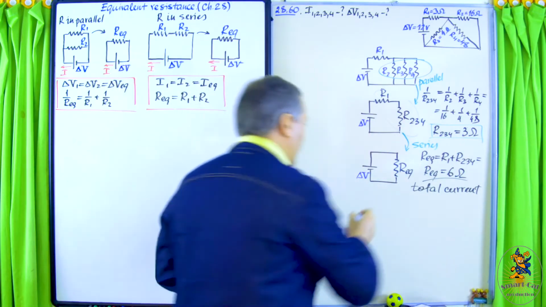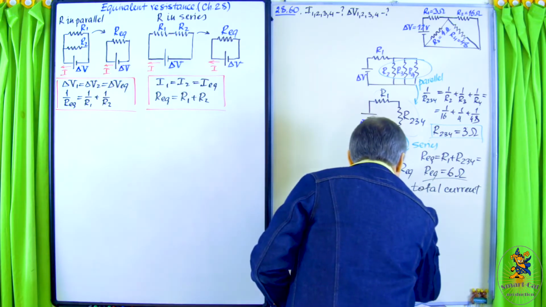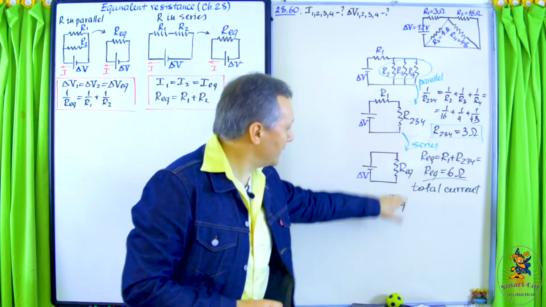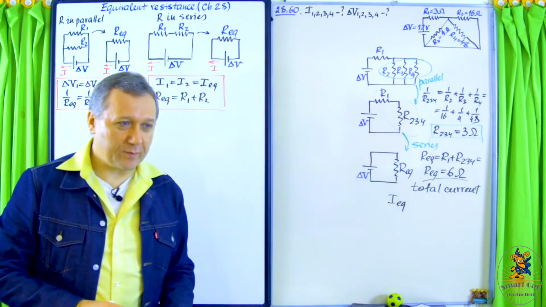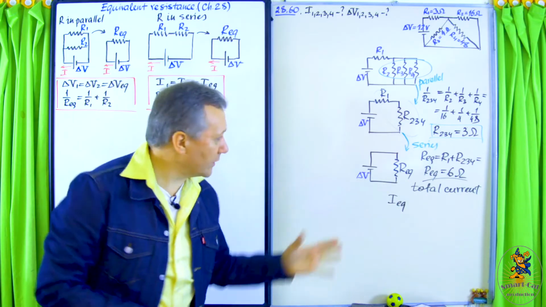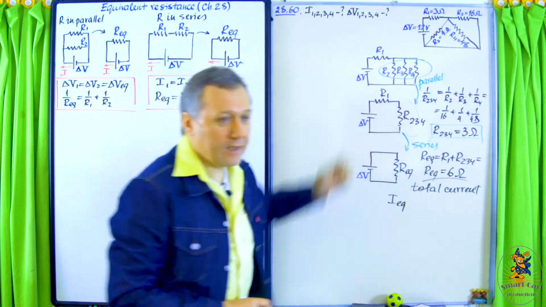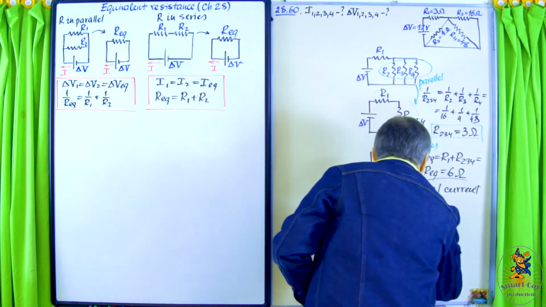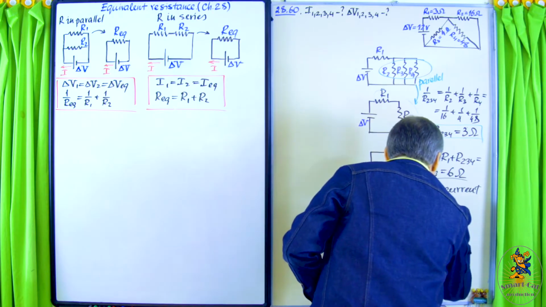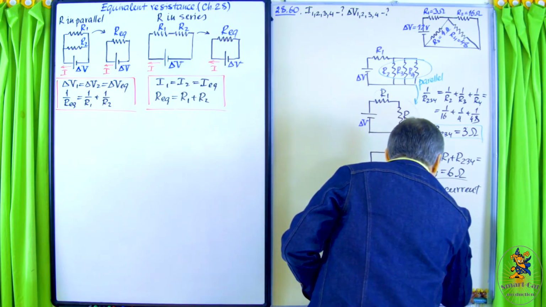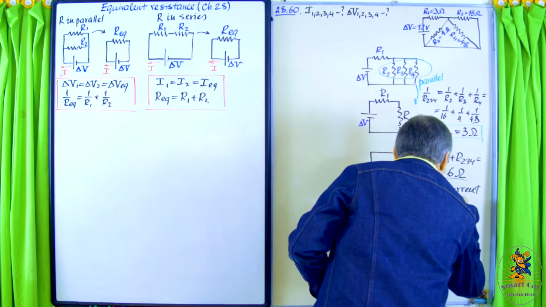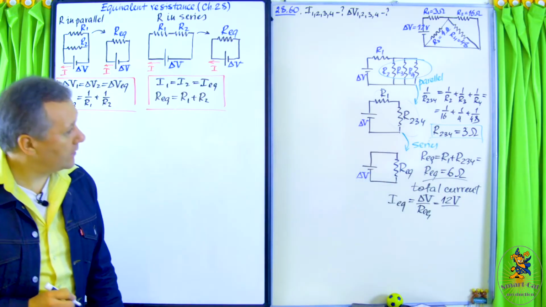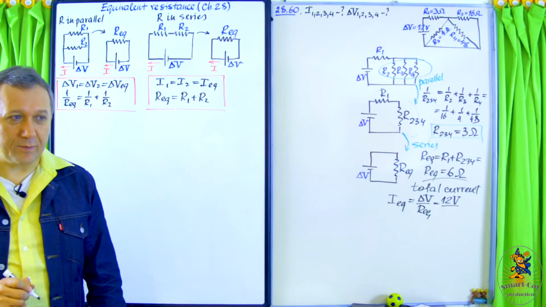Let me call it I equivalent, to relate that this current flows through this equivalent resistor. But of course, we also know that it's the total current taken from the battery. So it's delta V divided by R equivalent. Delta V is 12 volts, divided by the 6 ohm equivalent resistance.